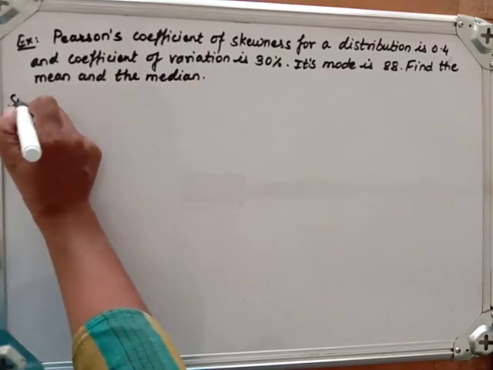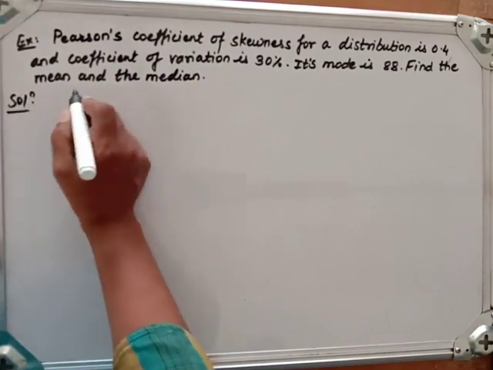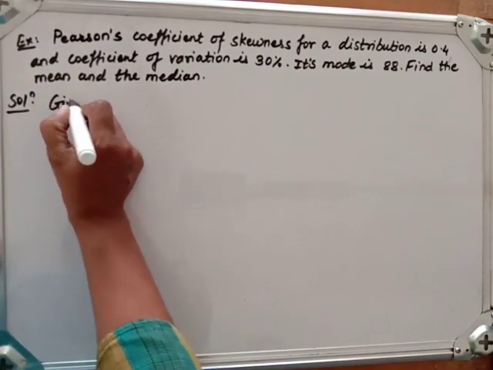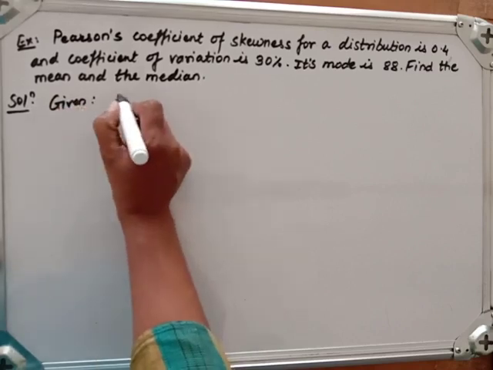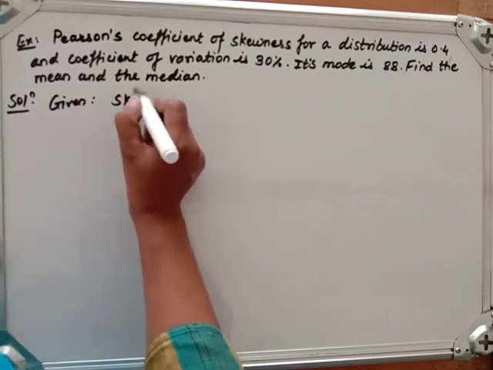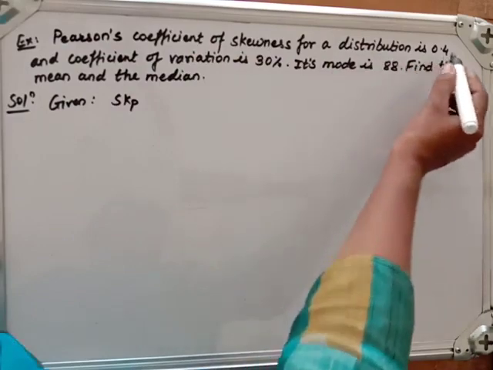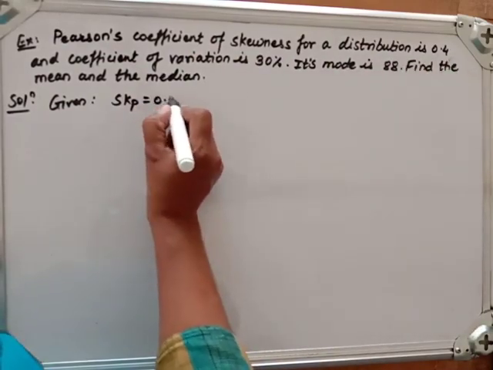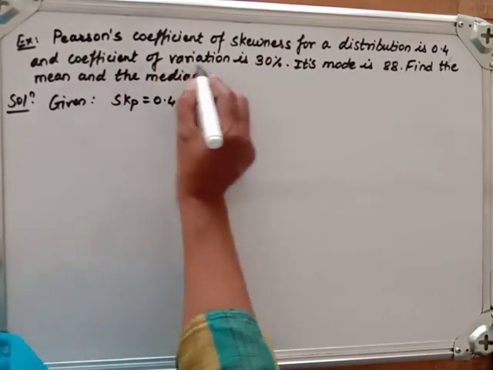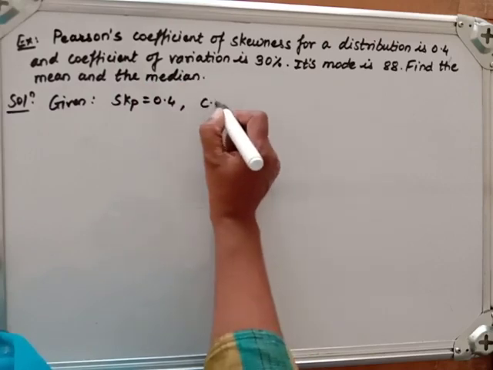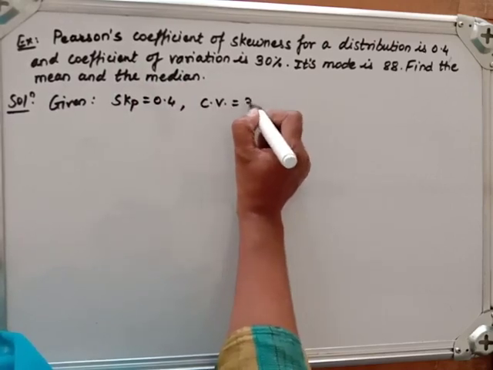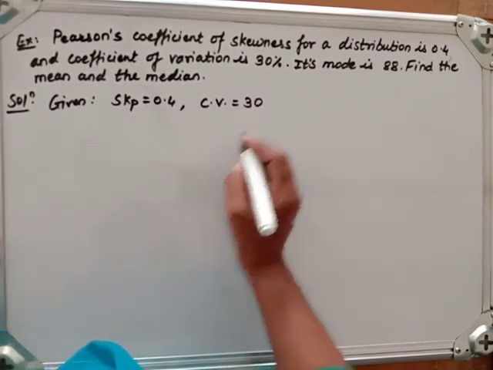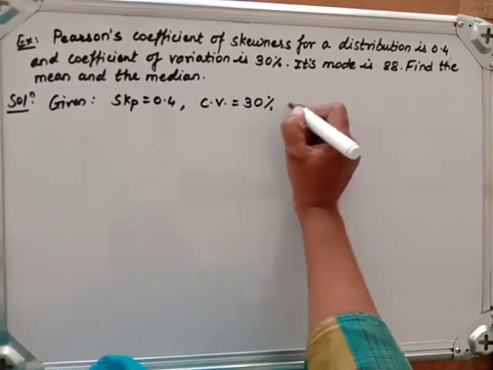Okay, so solution. What is given to us? Pearson's coefficient of skewness is 0.4. Coefficient of variation is 30%.